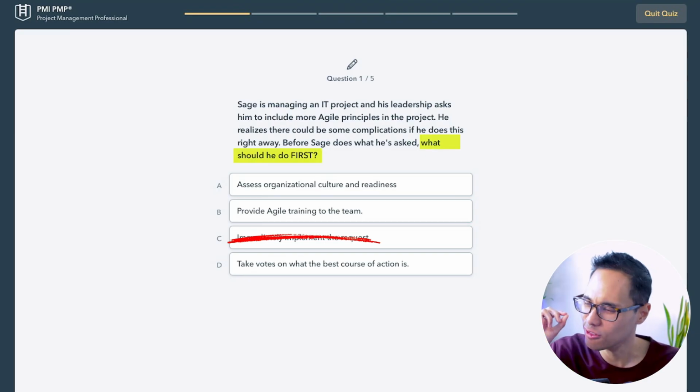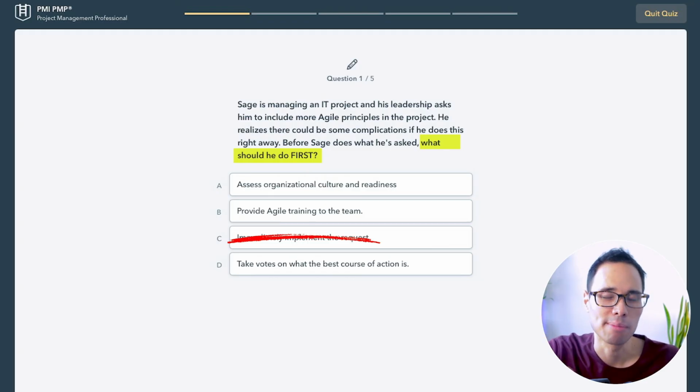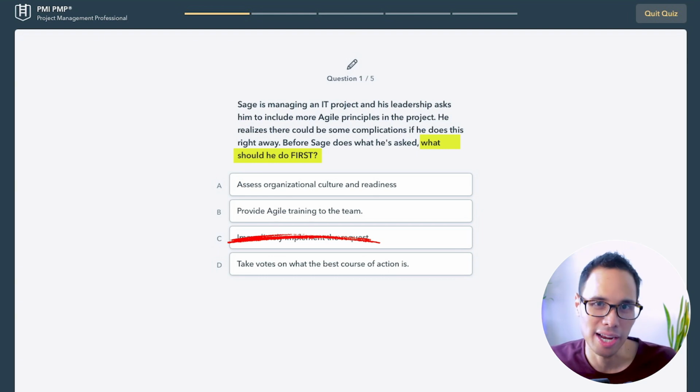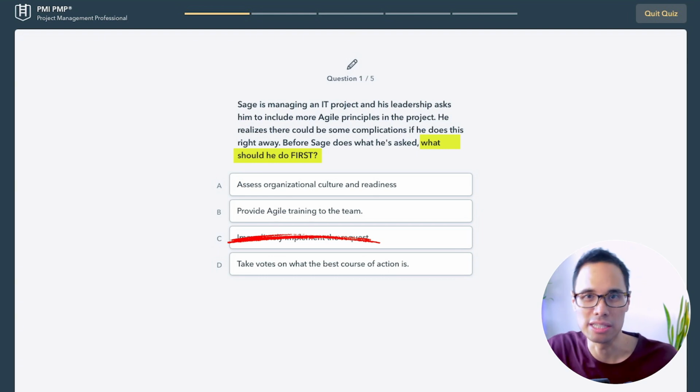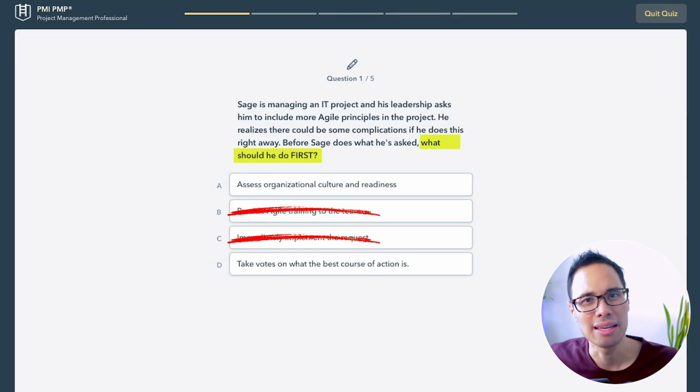In other words, what's the very first thing that he should do as a project manager in charge? A proactive leader would not immediately give agile training, right? You would need to discuss with the team or do some type of evaluation first. So choice B has to also be incorrect.